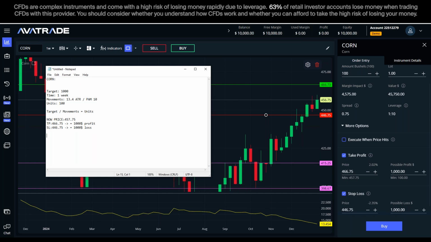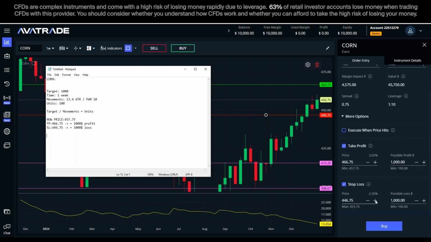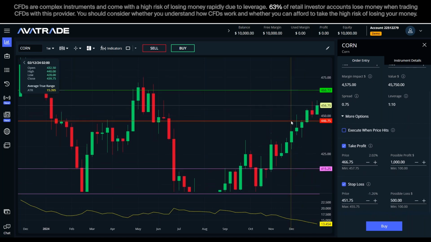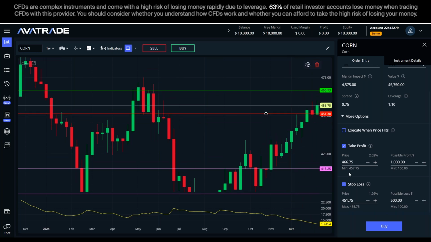So how do we maintain the possible profit and minimize the loss? What we need to do is get the stop loss closer to the entry. That means that the closer the stop loss is to my entry, the less I can lose. Since this is a buy situation, if I click here on the plus and go for $5 away instead of $10 away, then I can lose half of what I can make.